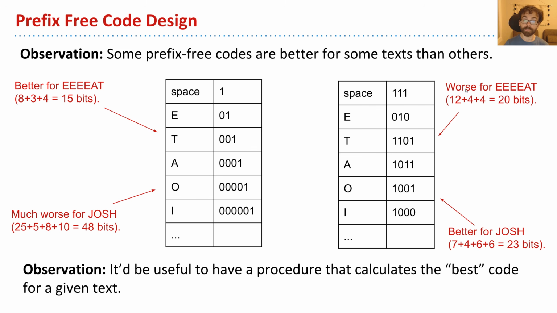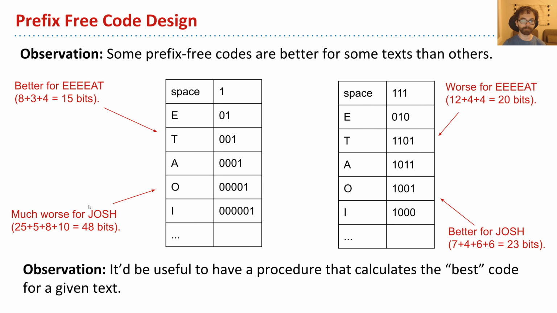So it's actually more efficient to use the left prefix-free code for EEEEAT, whereas for the word Josh, I haven't shown the whole table, but here Josh would be 48 bits, and this one would be 23 bits. The intuition here is that for this tree, the more uncommon a character is, the longer the sequence of bits, and so relatively uncommon characters, like the letter J, take tons of bits, 25 bits for just one measly J.